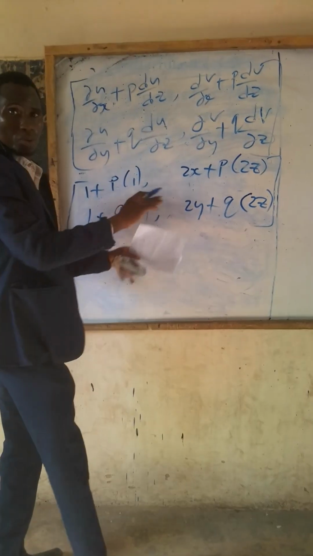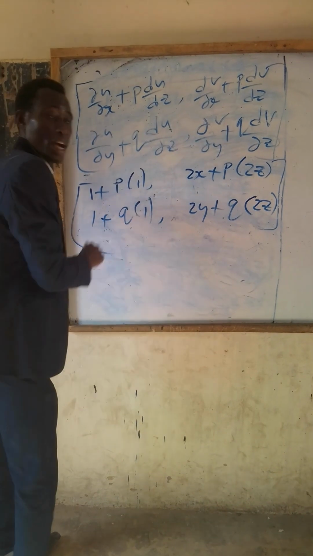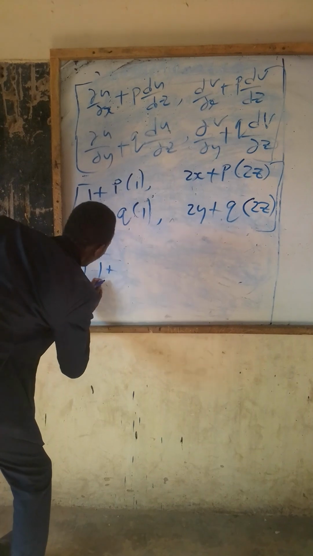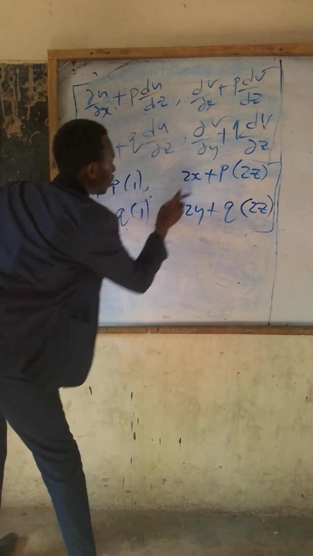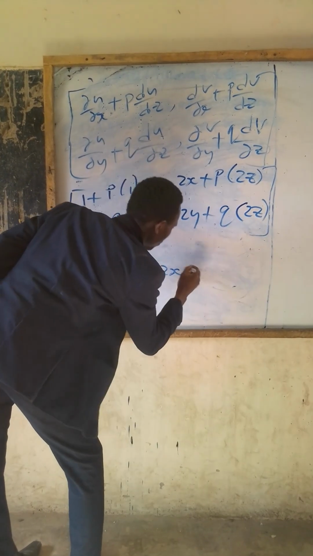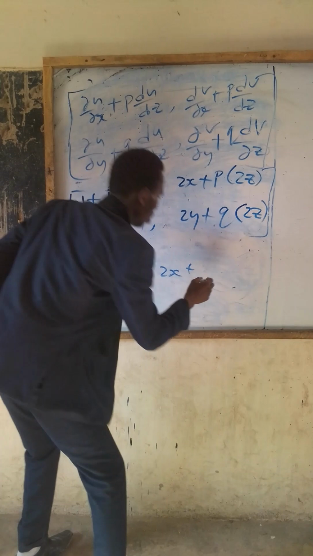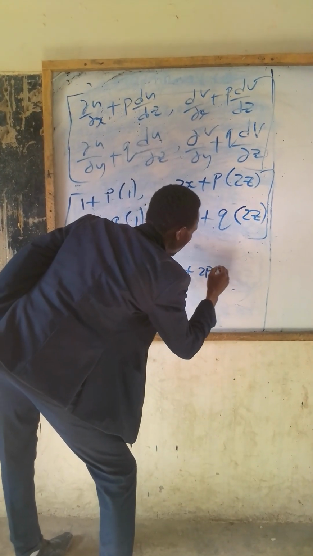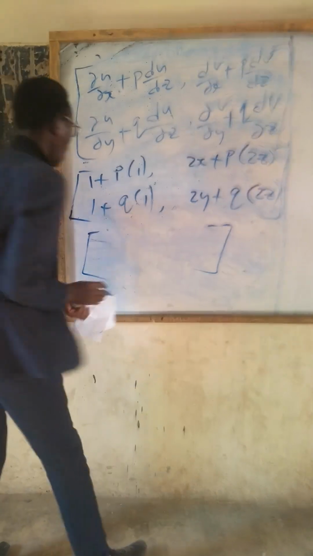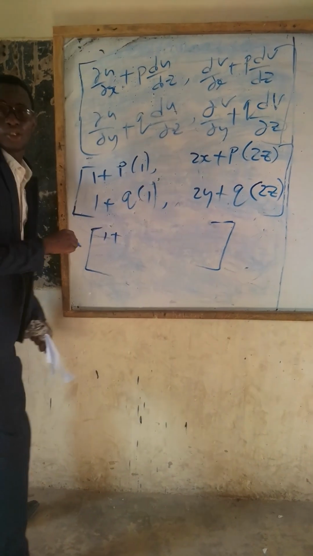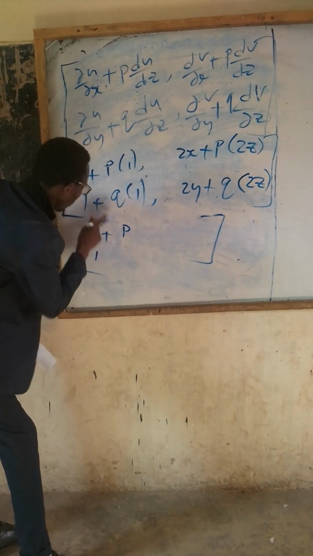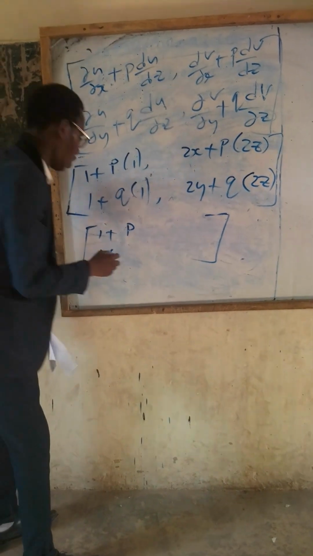So we have substituted the values. We have 1 plus p multiplied by 1 is p, comma. We have 2x plus p multiplied by 2z is 2pz. Now we have 1 plus p multiplied by 1 is p, and 1 plus q multiplied by 1 is q.